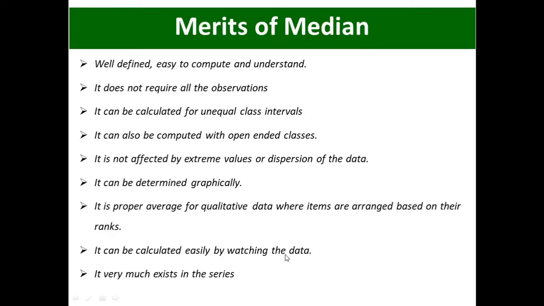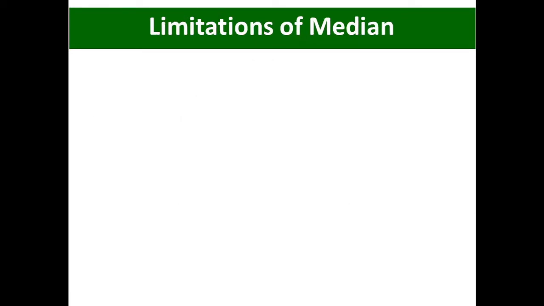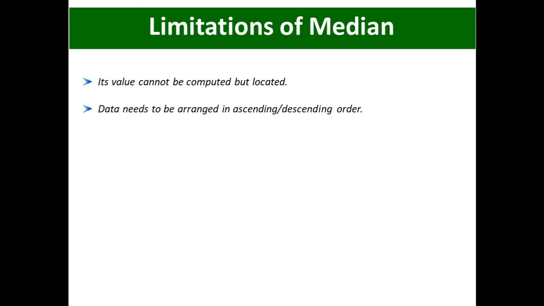Now let's discuss some of the limitations. We can say that it's not firmly defined and its value cannot be computed, but it has to be located in the data set. For computing the median, data need to be arranged in ascending or descending order. Without doing this, we cannot locate median.